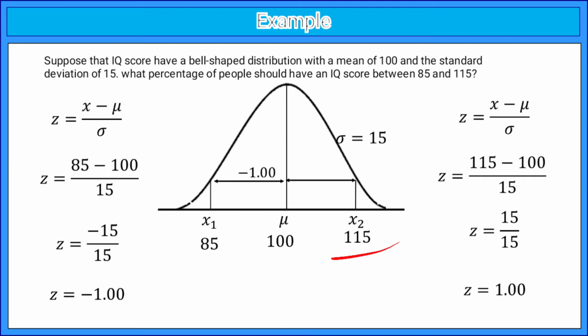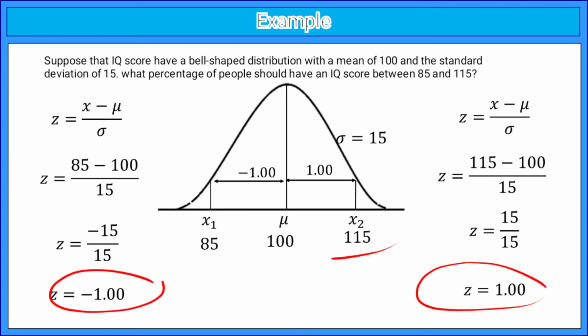So if we plot this one, z is 1.00. And we are going to apply the standard normal distribution table. So we're going to look for the value of 1.00 under the standard normal distribution table.